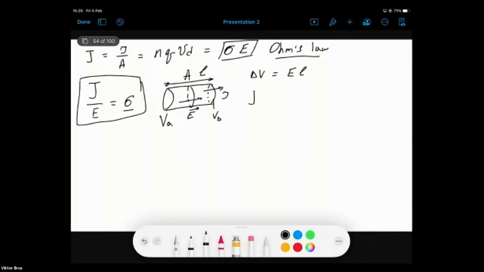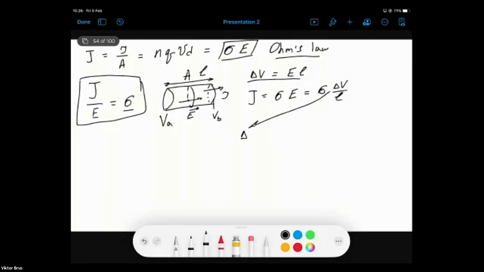At the same time, we can write for the current density that it's equal to the product of conductivity times electric field. And the electric field can be expressed from this equation. So we will get sigma times delta V divided by L, the length of this segment. Now, let us express delta V from this equation.